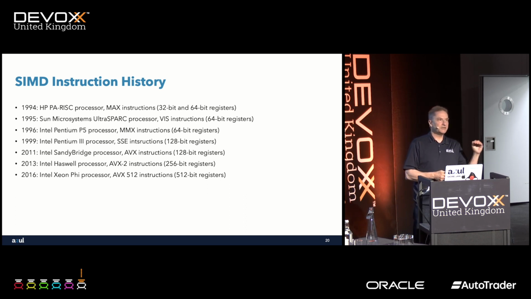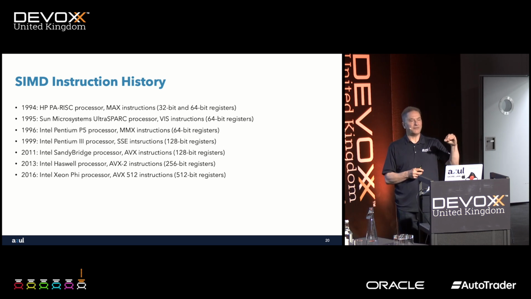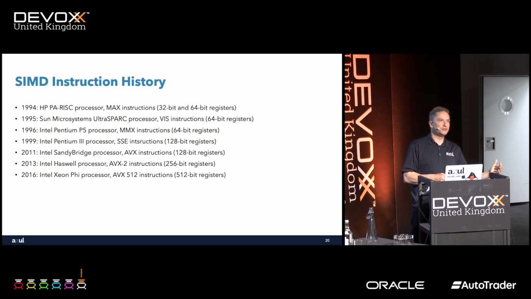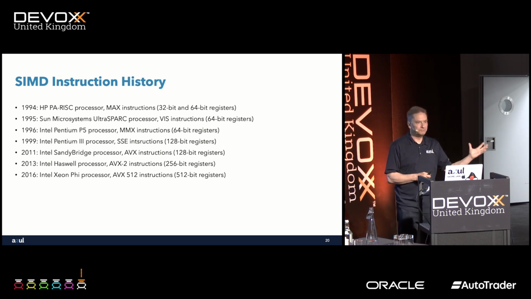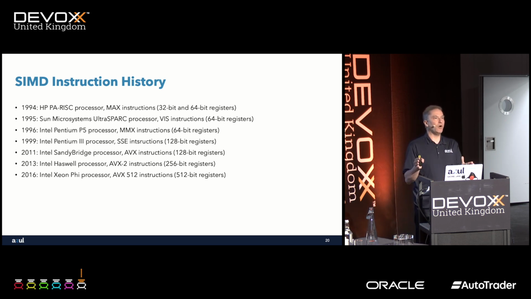Then in 1996, Intel got into this, and they added the MMX instructions to the Pentium P5, which only had 64-bit wide registers. But of course, back in those days we only had 32-bit instructions and data, so it was really two lanes for 32-bit values.